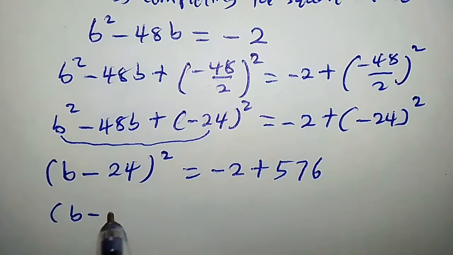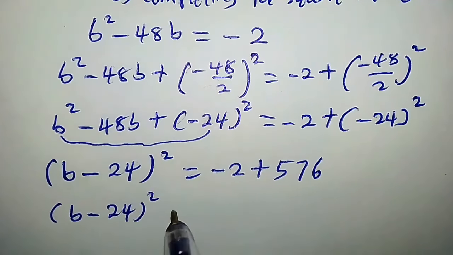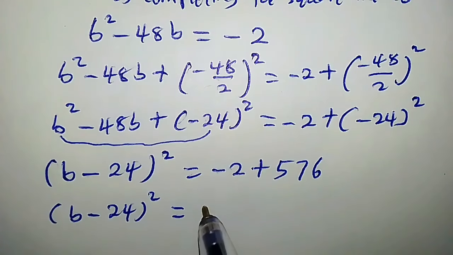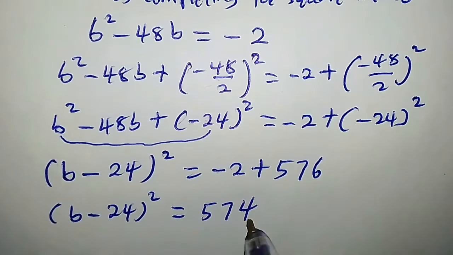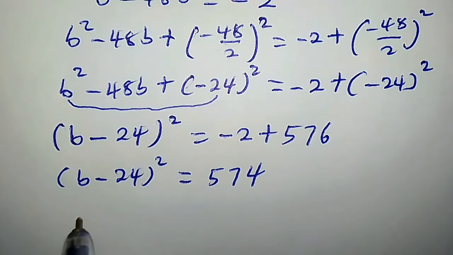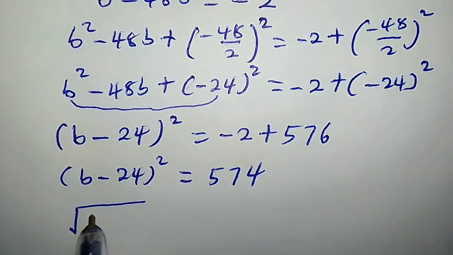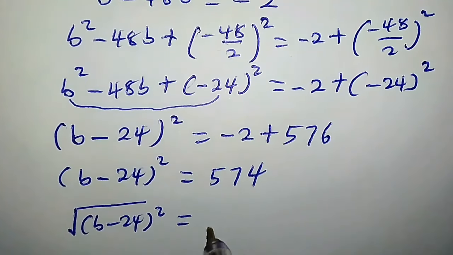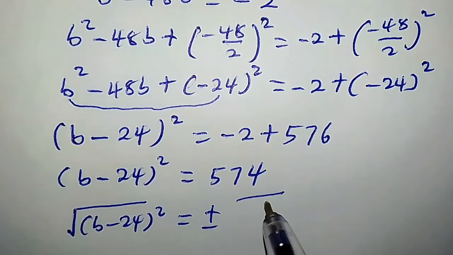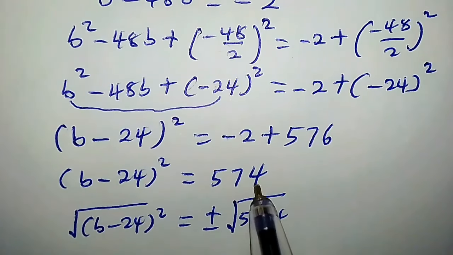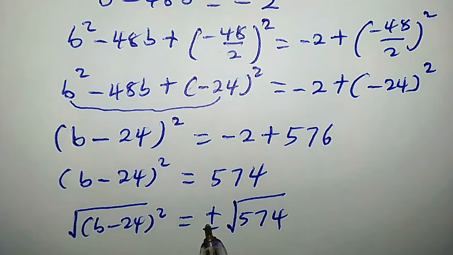So b minus 24 all squared is equal to minus 2 plus 576, that is 574. Now, let us take square root of both sides. So we have square root of b minus 24 all squared equal to plus or minus square root of 574. Since 574 is a constant, that's why we have plus or minus preceding it.